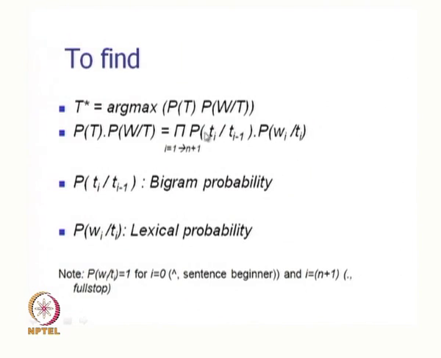So, this part of the formula says that a tag at a position depends only on the previous tag, and this says that the word at a position is a function of only the tag at that position. So, P(t_i given t_i-1) is the bigram probability, and P(w_i given t_i) is the lexical probability.